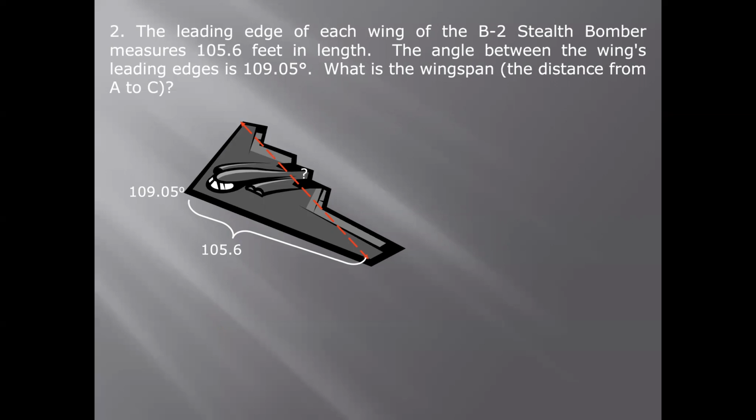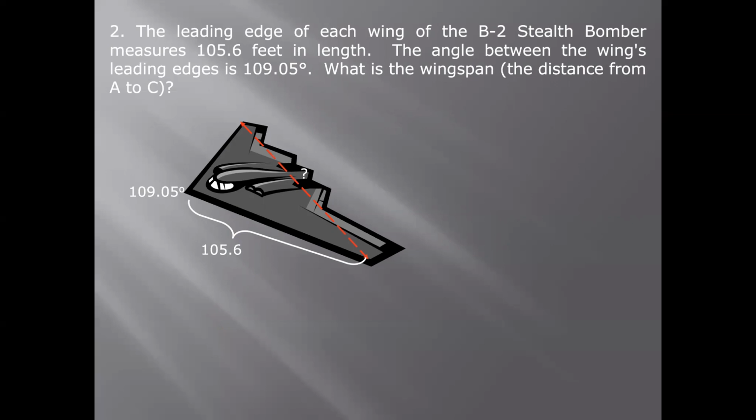The angle of intersection is 109.05 degrees. And we want to solve for this wingspan. So you can use the formula that we have used earlier in finding the length of the side of this triangle.